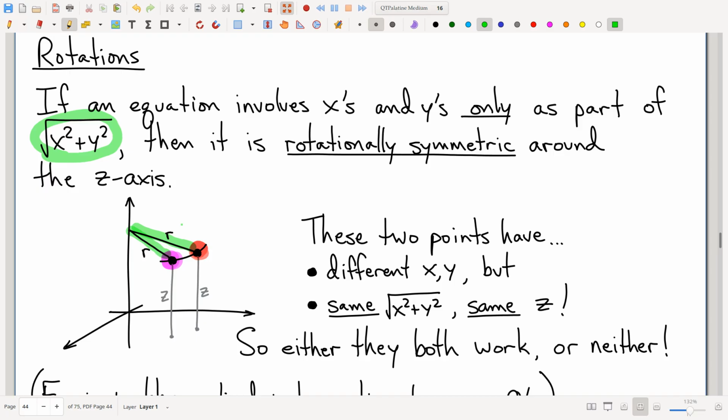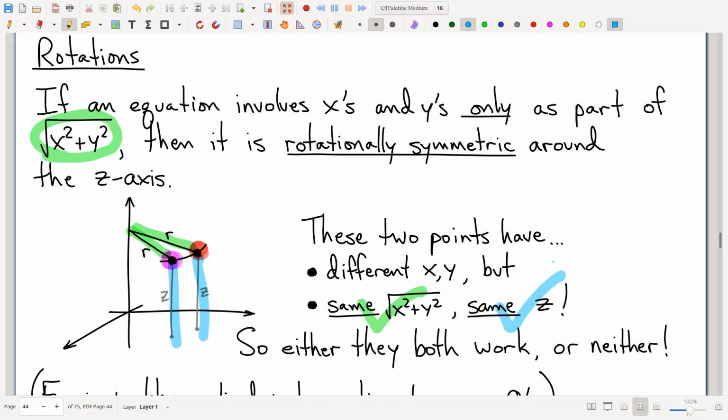So these 2 points have the same r. Also, another nice thing about rotating around the z-axis, it doesn't change the z-coordinate. So they have the same z. Now, if you think about it, your equation, yeah, sure, it's got x's and y's in it, but the x's and y's are all part of an expression on which those 2 points already agree. And yeah, they have a z-coordinate, but they have the same z-coordinate.